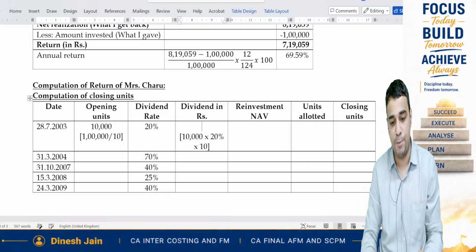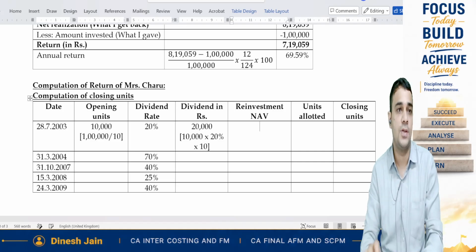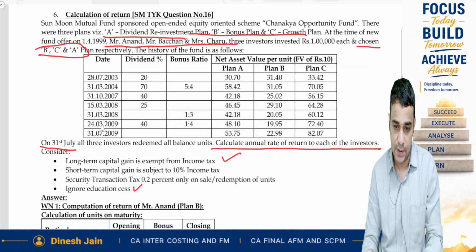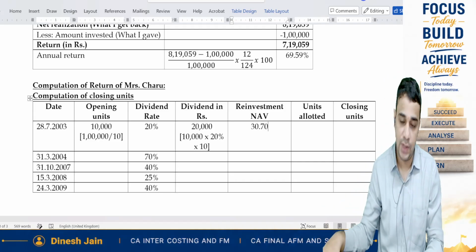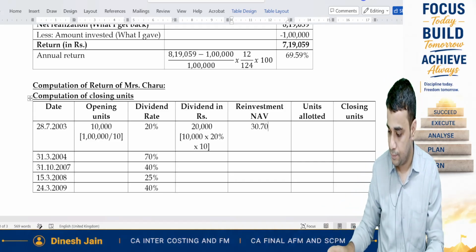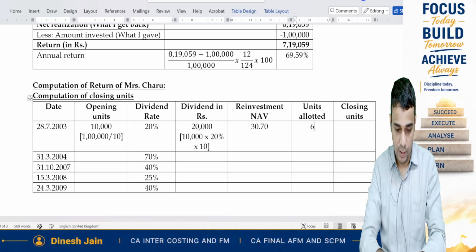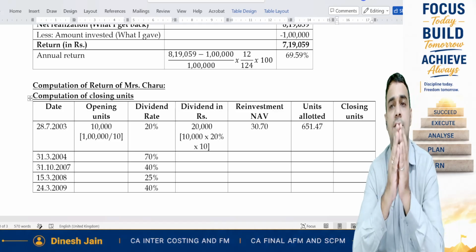What is the dividend in rupees? 20,000. What is the reinvestment NAV on this day? 30.7. You will get the units 6. I'll keep it as 2 decimal.